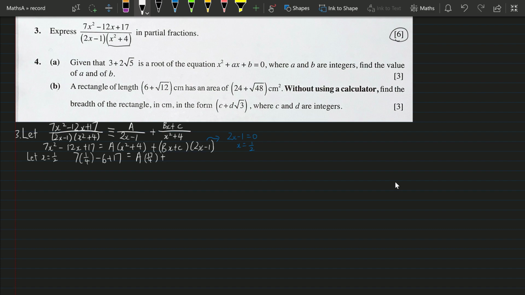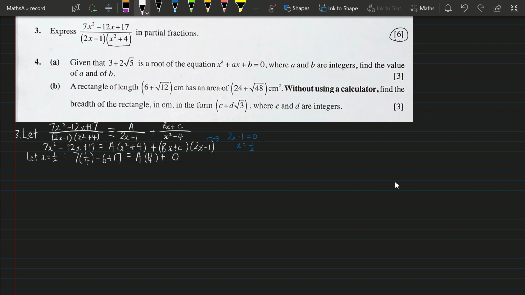Okay, the interesting part here is plus bx plus c multiplied by 2x minus 1. Because we let x equals to half, this entire thing is 0. And we do not have to deal with bx plus c, so put a 0 here. Again, the basis of this method, let x equals to half, is because at the start we defined this fraction to be congruent to whatever is on the right hand side.